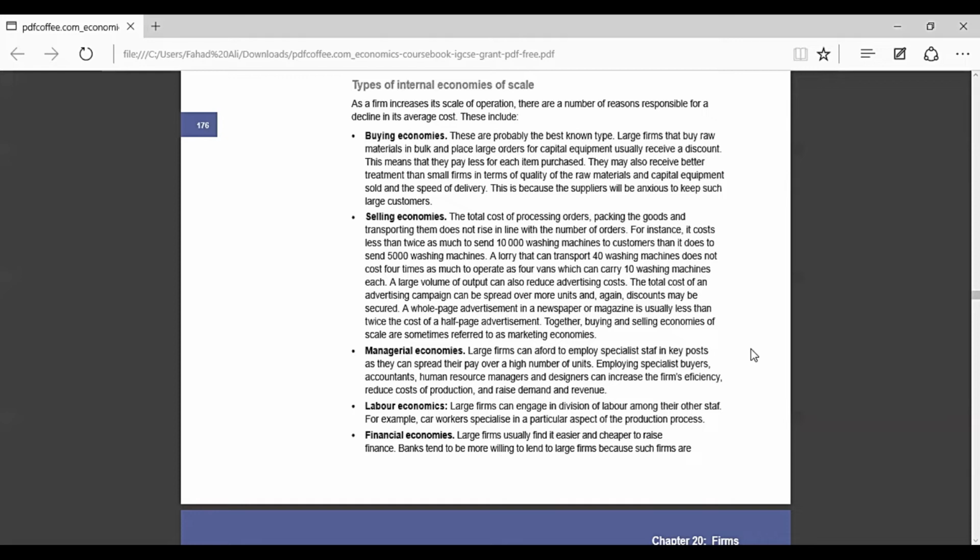Okay, see, if there are 1 lakh products which are being sold after advertising on the television, and you spend 50,000 rupees on advertisement, so 50,000 rupees of cost divided by 1 lakh units, the cost would be 0.5 something. Correct? Yes.